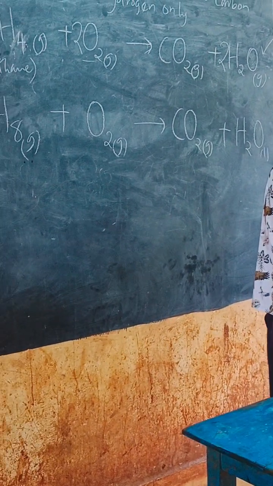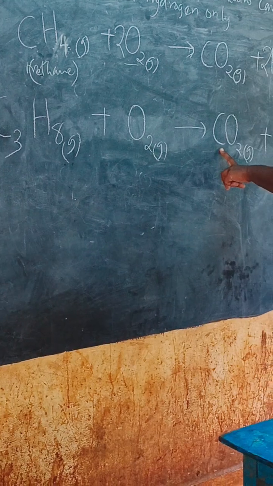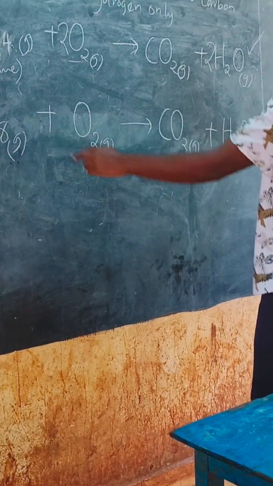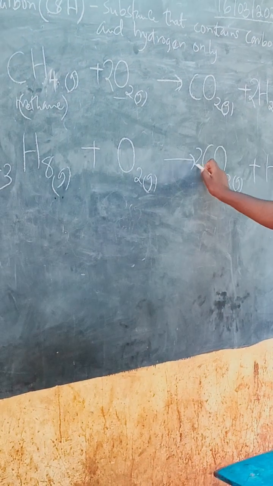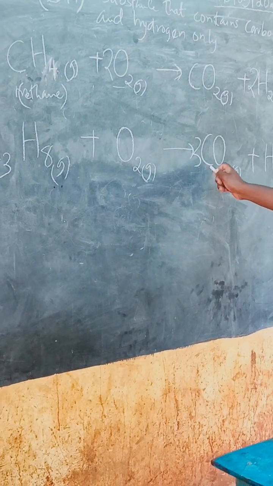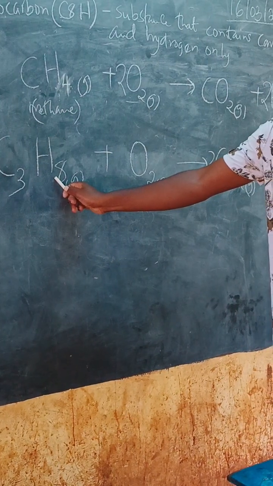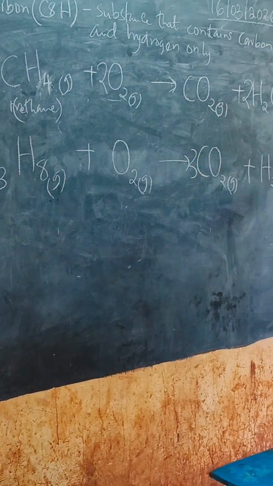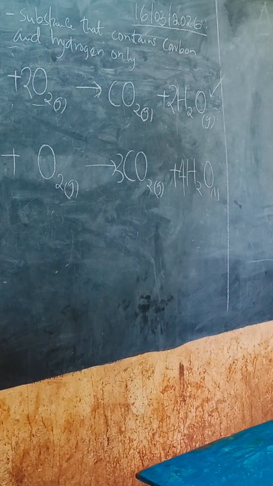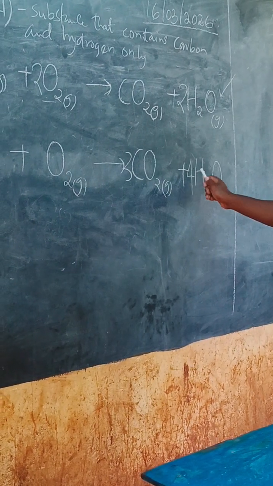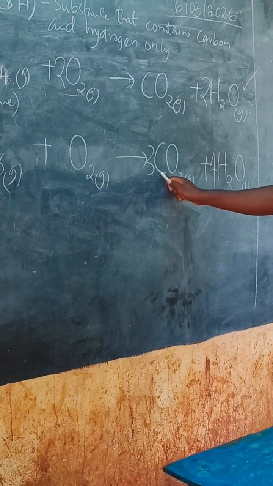So balancing the equation, carbon 3 here, we have 1, hydrogen 8, here we have 2. I'll put a 3 here to balance the carbons. Carbon is 3. Hydrogen is 8, and here is 2, so I put 4. Hydrogen is 8 already, carbon is 3 already. We have balanced that.